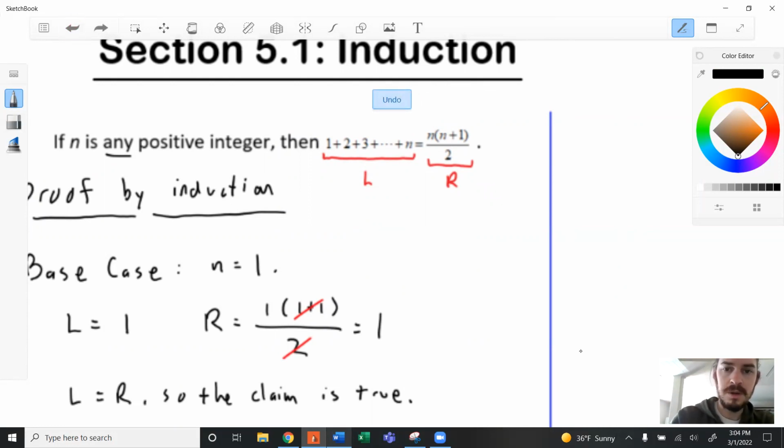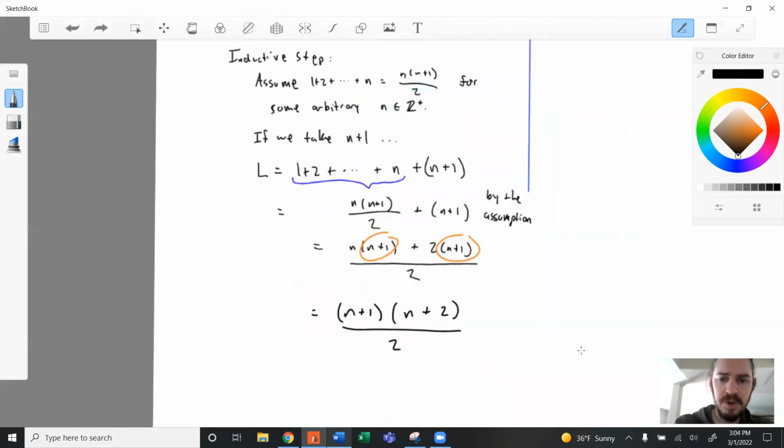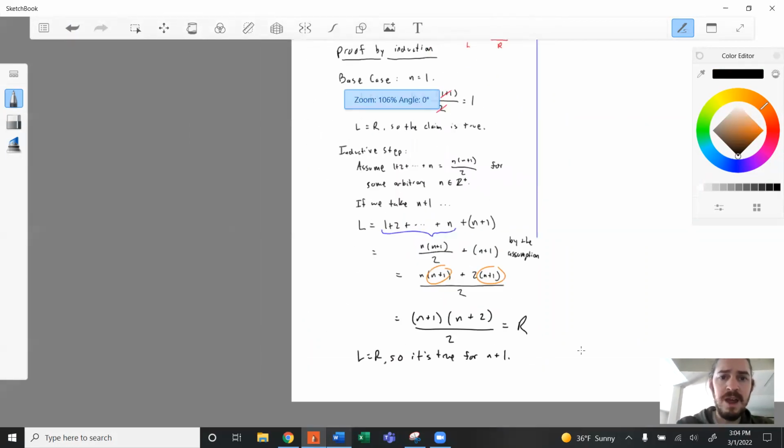So that was our goal. Okay, so we were able to prove that left equals right. So it's true for n plus 1.